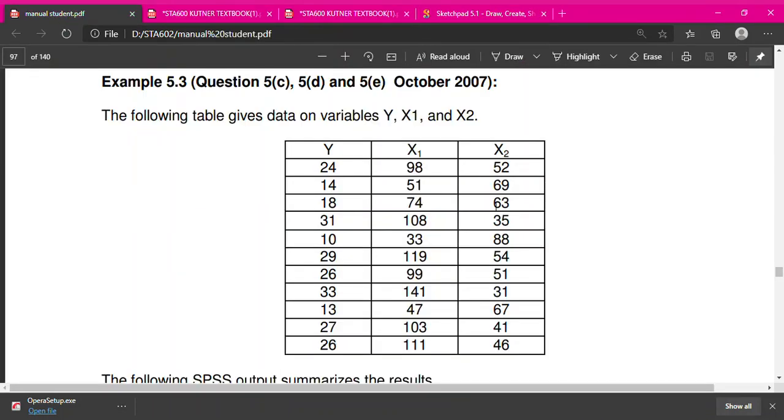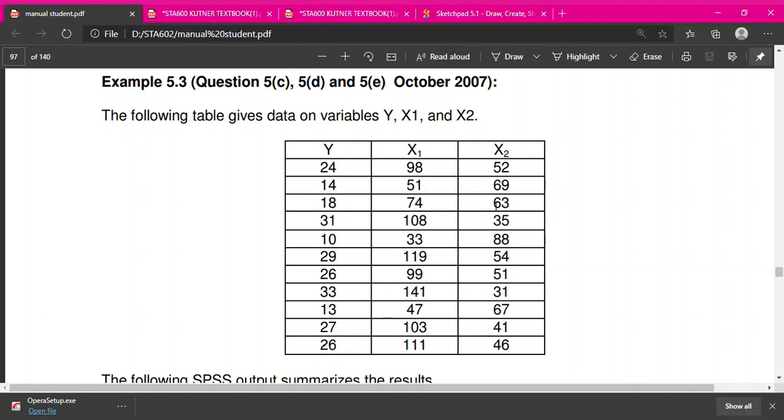Okay, so let's see, we have this example. We have this Y dan juga X1 dan X2. Alright, so first we need to estimate the regression equation. So kita nak cari estimated regression model ataupun estimated regression function. So kena cari dulu nilai beta.